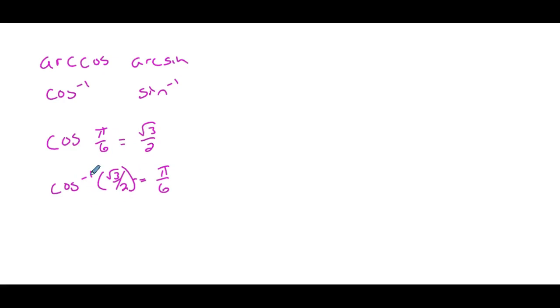So you see these are just undoing each other. The sine of pi over 4 is equal to root 2 over 2. So the arc sine of root 2 over 2 will equal pi over 4.